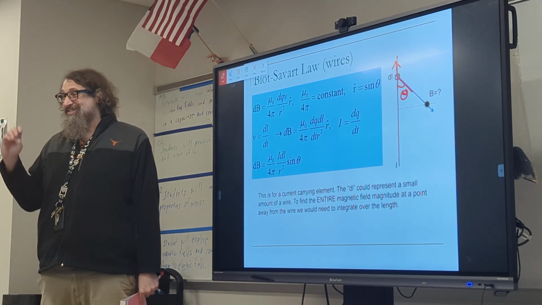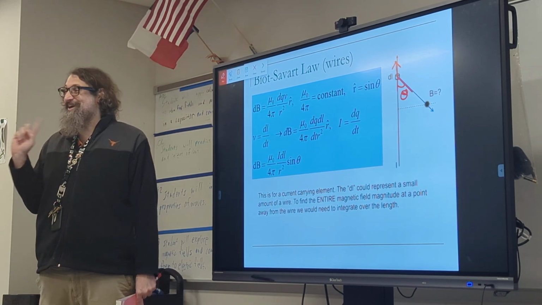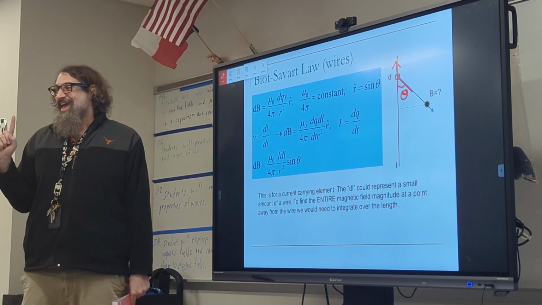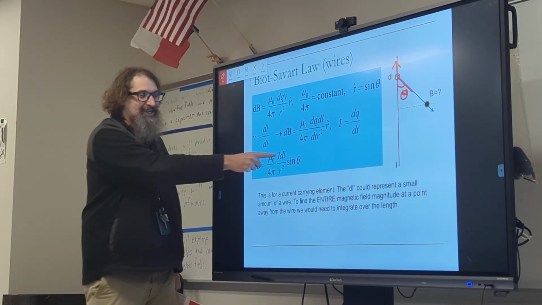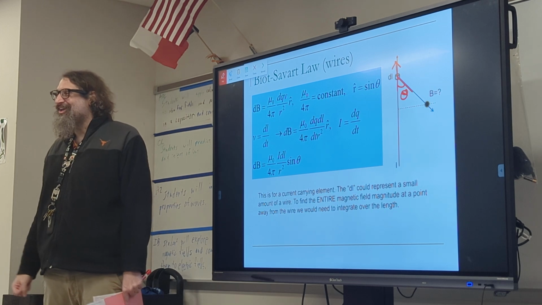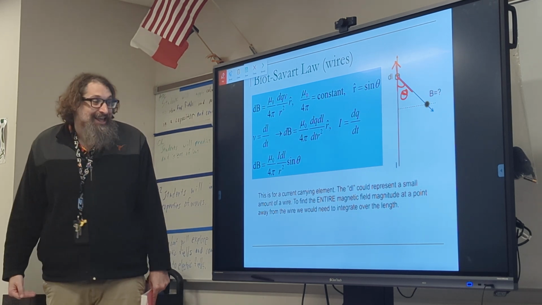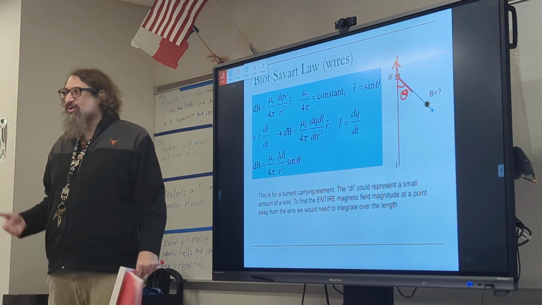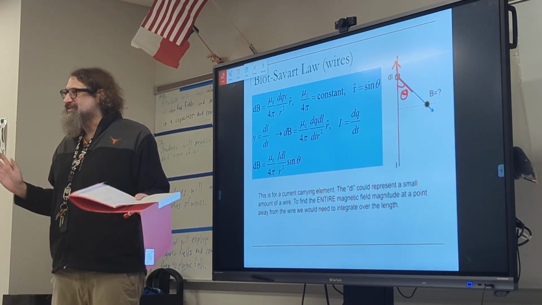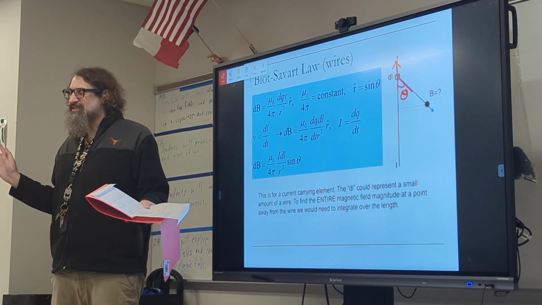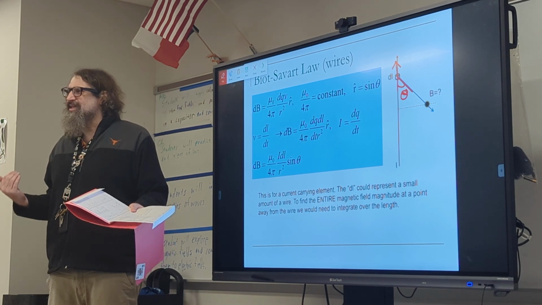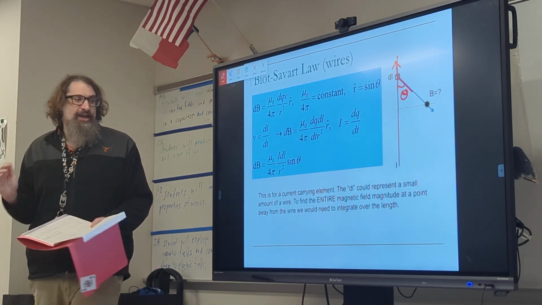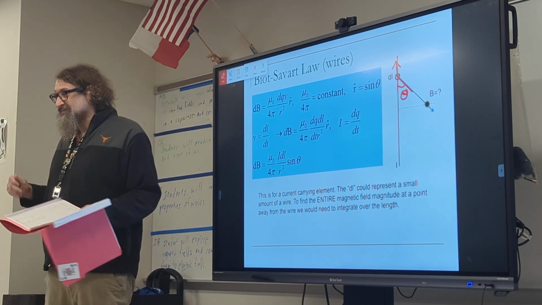So, the r hat is what is considered a unit vector, which has an exact value of 1, and we're multiplying it by a little piece of dl, and instead of just writing dl sine theta, they decided to put the cross r hat because some physics professor out there thought it would confuse the kids, because they will not know what angle theta is.